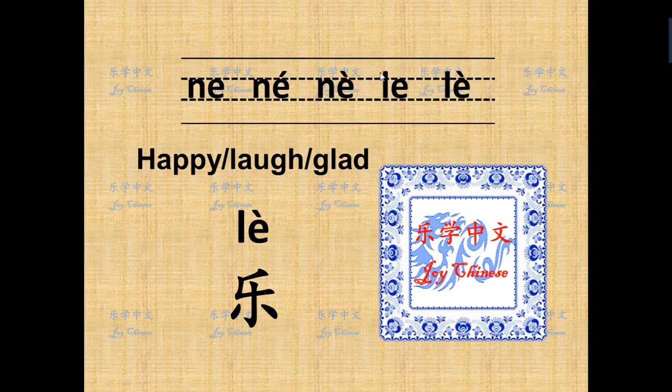You see there is a light l, and the fourth one is l. Again, there's no first, second, and third tone because it's not common. Here, l means happy, laugh, and glad. You will see it's similar to something I was putting in the logo. L means you enjoy, you're happy to learn Chinese. The pronunciation is l. L.